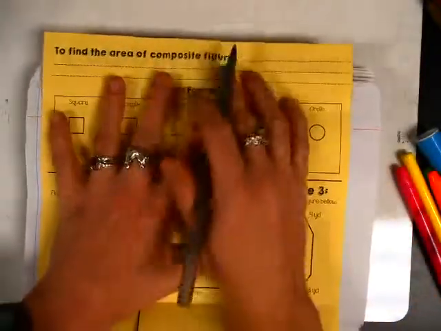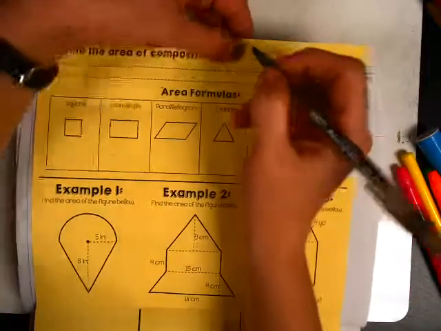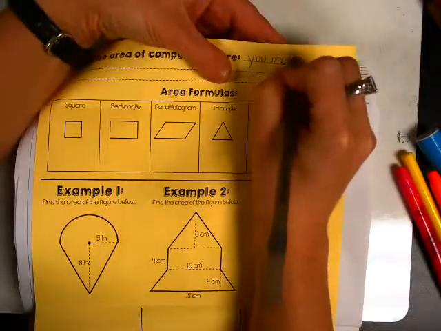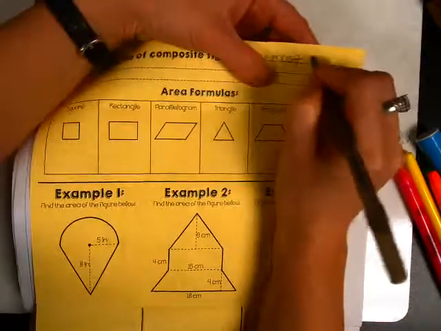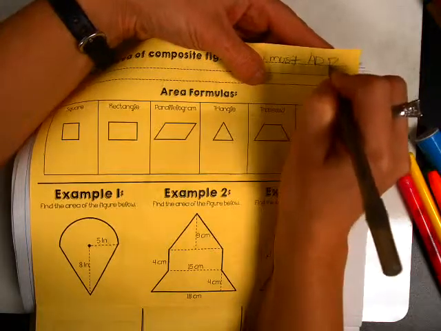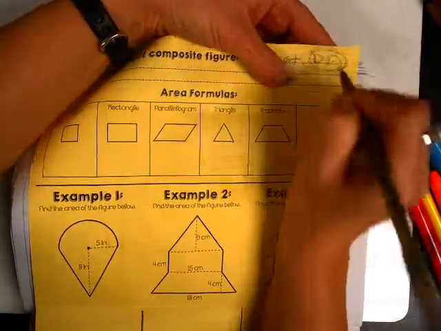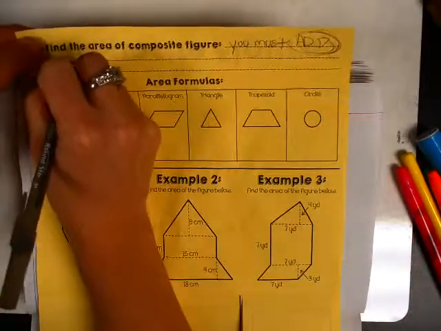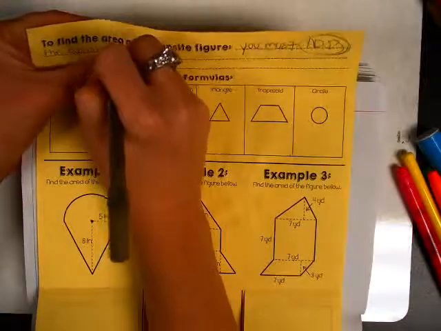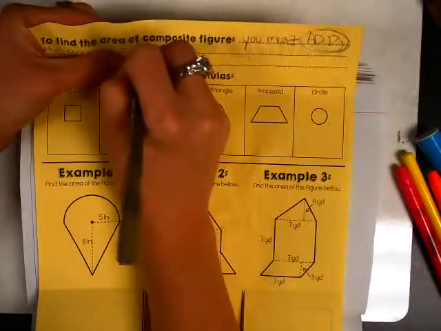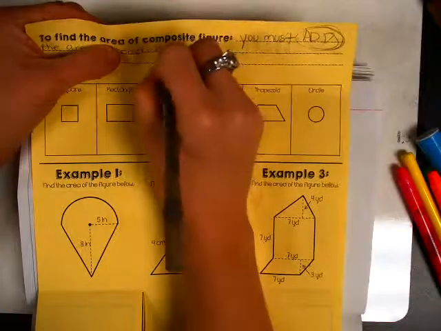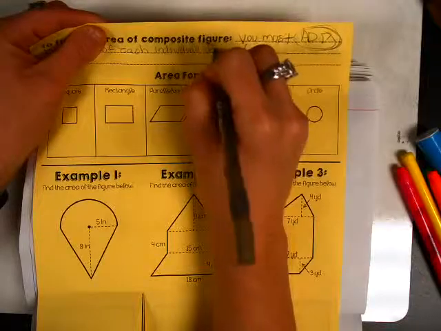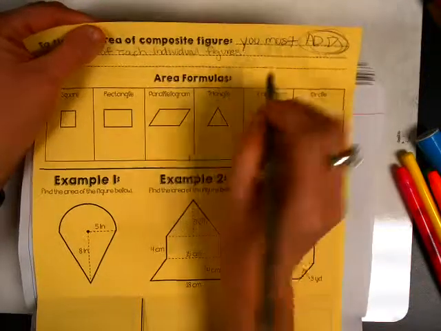To find the area of a composite figure, you must add, and I'm going to make it really bold, add the area of each individual figure.